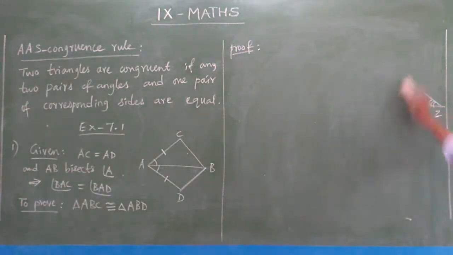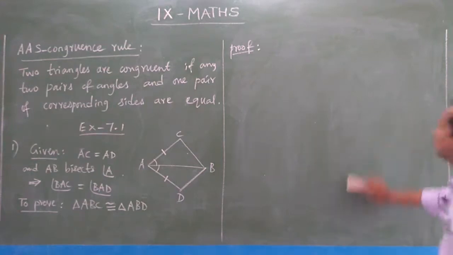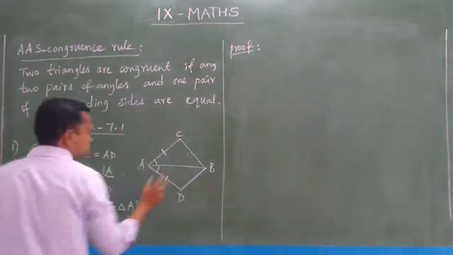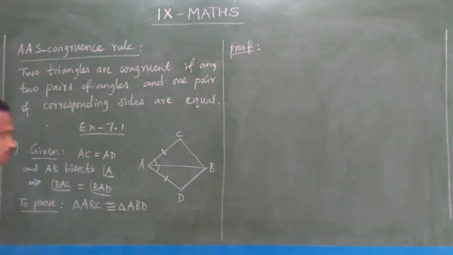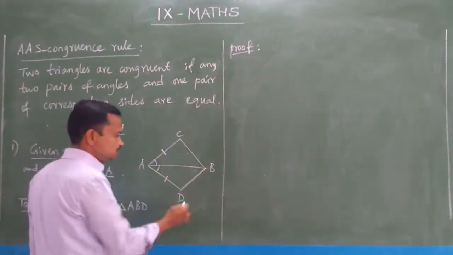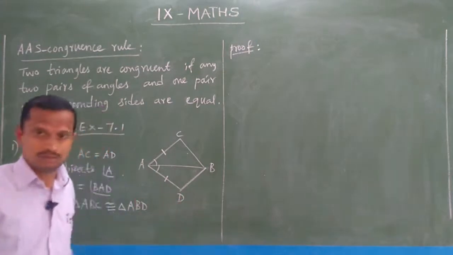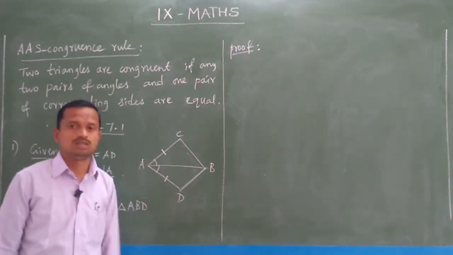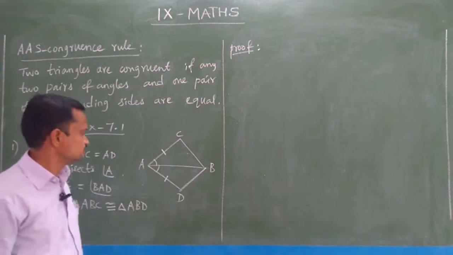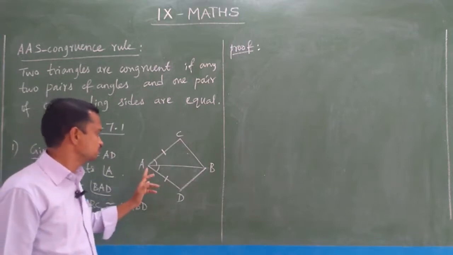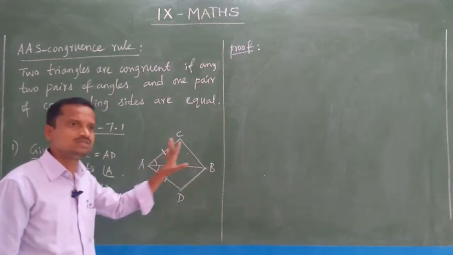So coming to the first question in exercise 7.1, you see this diagram is given, a quadrilateral ABCD. Quadrilateral means it should be named in a clockwise or anti-clockwise order. But here, generally they have given the name ABCD, and the shape is quadrilateral.